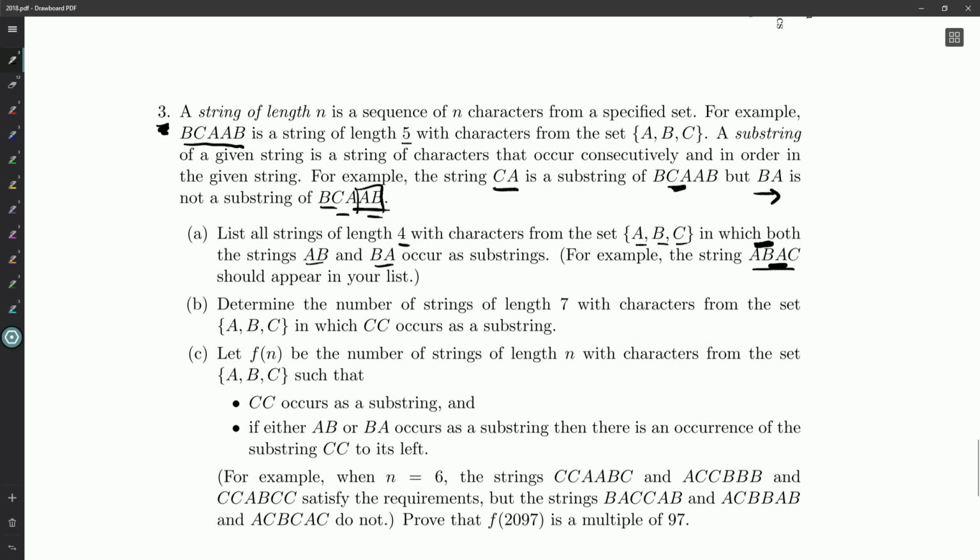Alright, well, they're strings of length 4. And at least in their example, they show how the AB and BA can merge in a sense. So I have a feeling we're going to be dealing with some cases here. So we do need to explain everything.